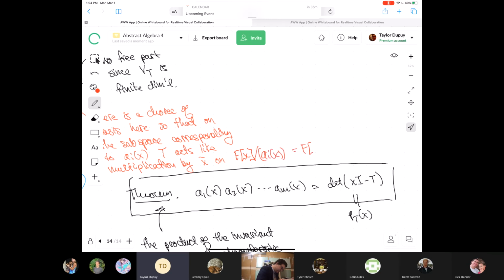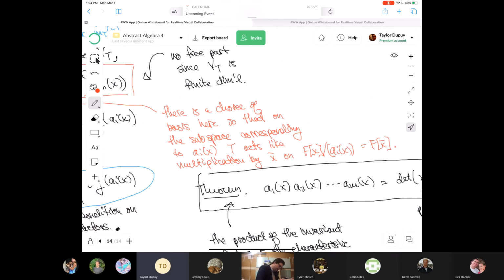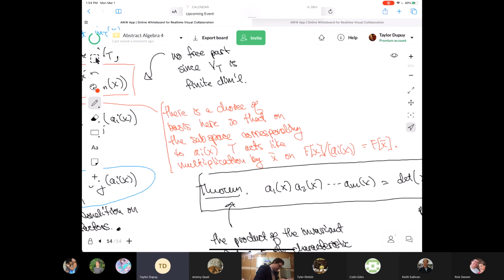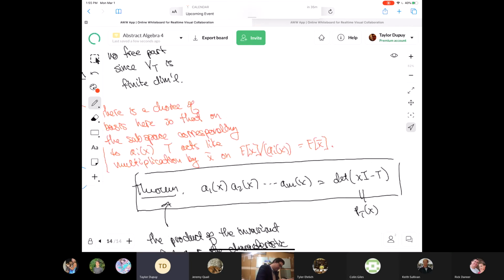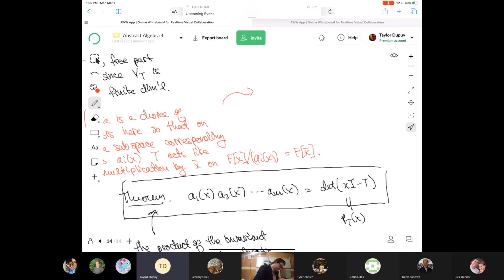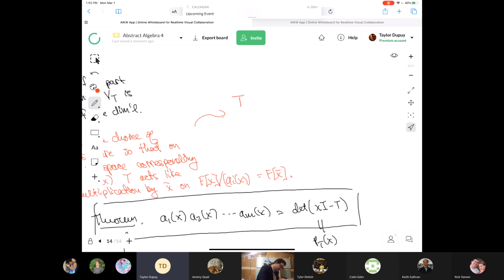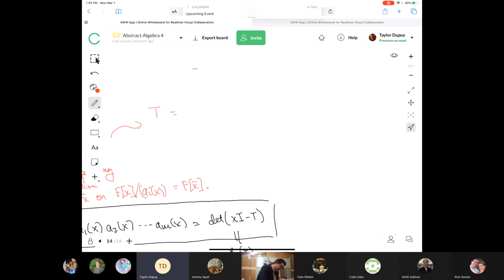Okay, so this is just like F of x bar. And really that T, in this choice of basis where we get this isomorphism, right? So T is really a block diagonal matrix, right? So this means that T here is this big block diagonal thing.